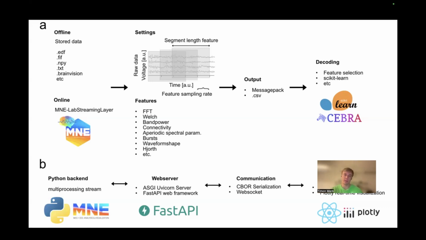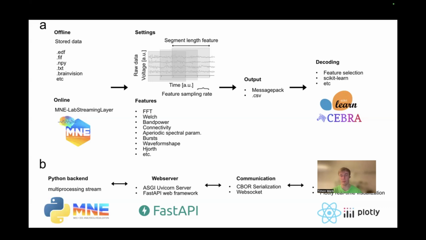The Python backend is also coupled to a front end. First I should mention that py-neuromodulation makes heavy use of the great toolbox MNE Python. In fact, a bunch of features are computed through MNE Python. Those are then computed as shown on the A panel and also visualized in the browser.